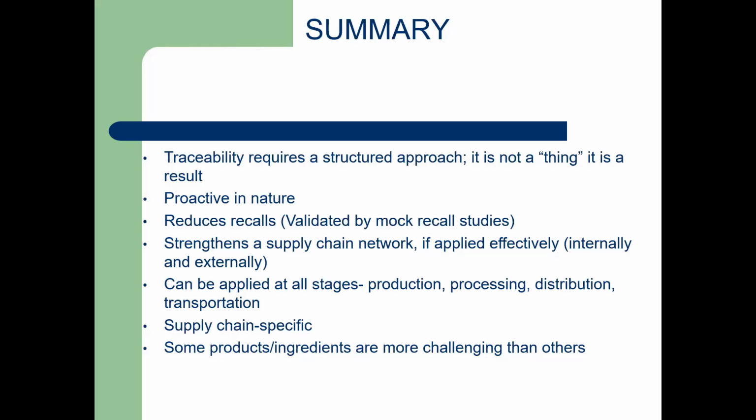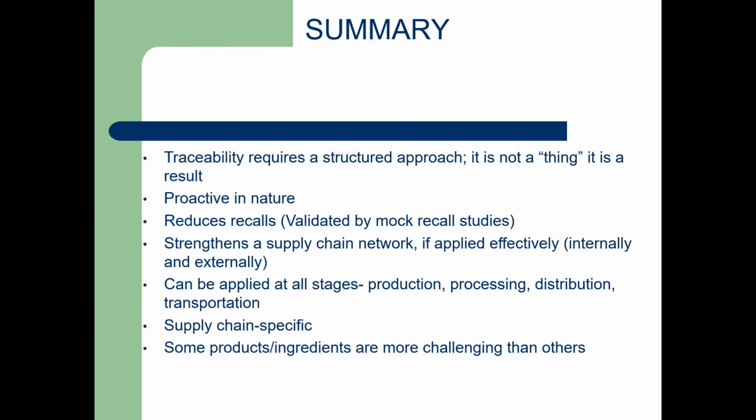It can be applied at all stages: production, processing, distribution, receiving, transportation. It's supply chain specific. So traceability cannot be generic. It should be specific to have that effectiveness, I would say.